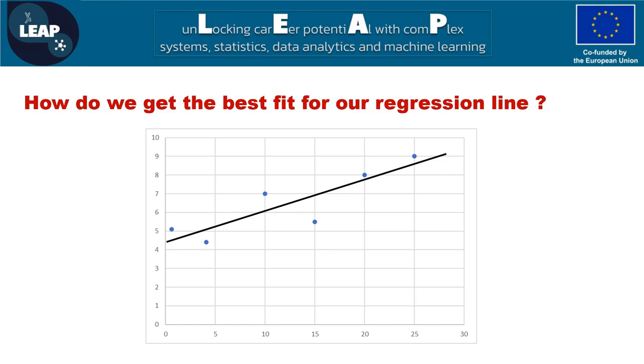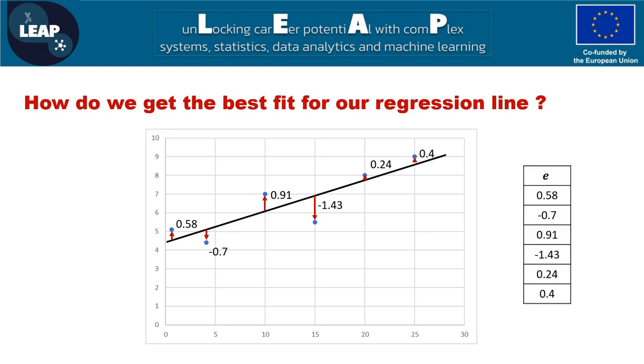How do we then get the best fit for a regression line? Most of the time, if you do not have that many observations, you can get quite a good fit by doing it by hand. But the way standard regression analysis works is that we try to find the line that minimizes the distance between all observations. So here we have the distance between the line and all observations.